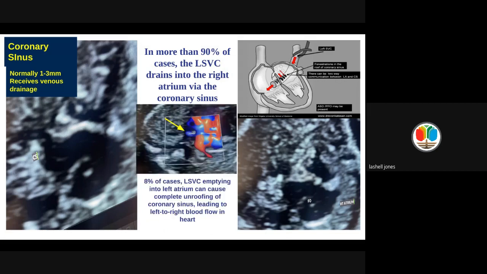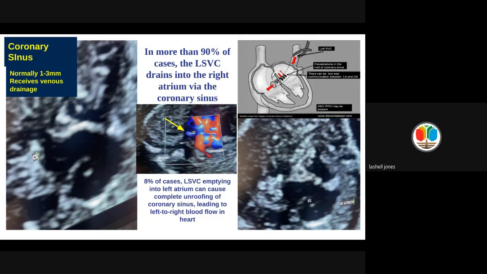Now, in more than 90% of cases, your left SVC drains into the right atrium through your coronary sinus. Because of that increased drainage, it's going to cause a dilated coronary sinus. That's in more than 90% of these left SVC cases.